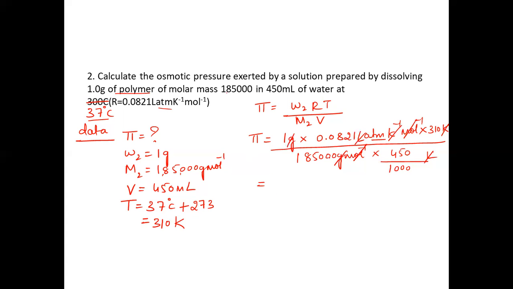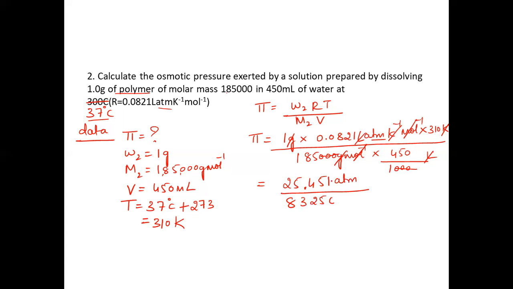So now in the numerator, 1 into 0.0821 into 310. So the numerator value is 25.451 atmospheric pressure, divided by, see, all these three zeros get cancelled with these three zeros, therefore 185 into 450, divided by 1. 185 into 450 is 83250.